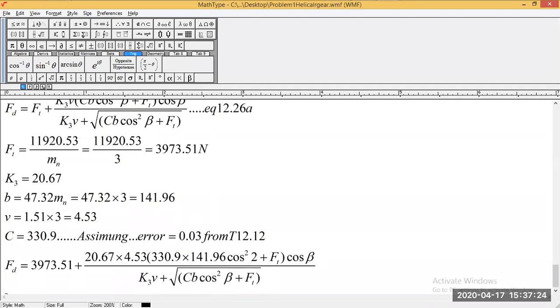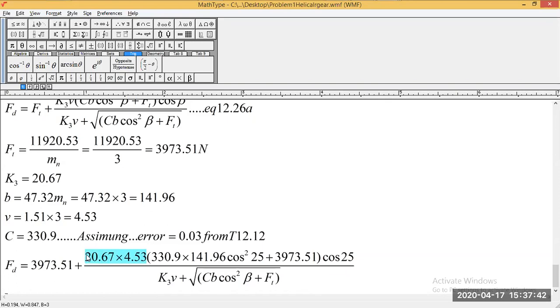This is cos of 25. P again 3973.51. Again cos 25. And we have Kv over here. Just copy paste. Then have C and cos square beta.